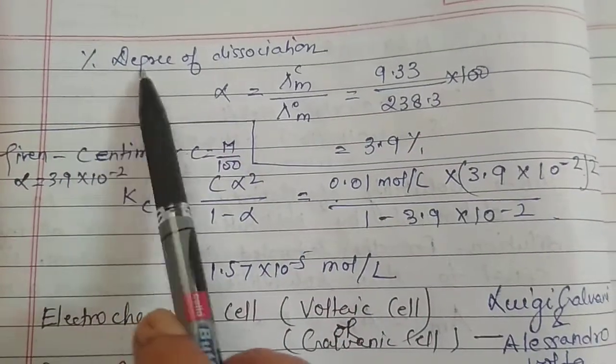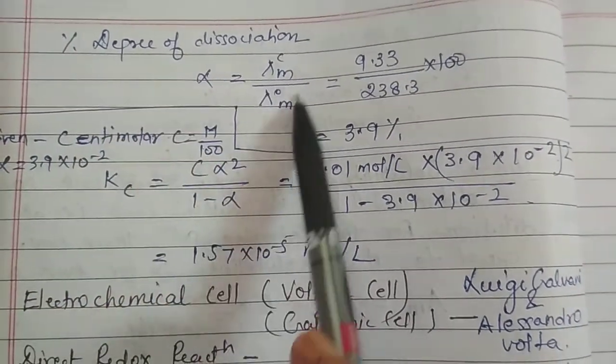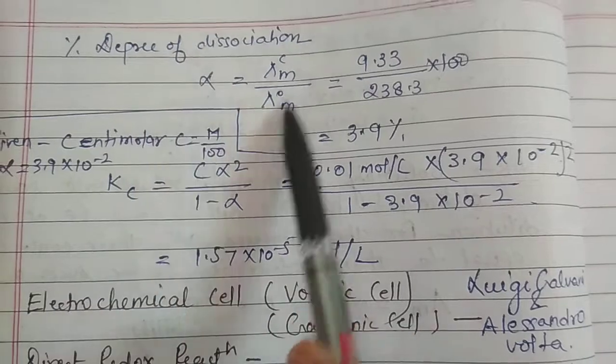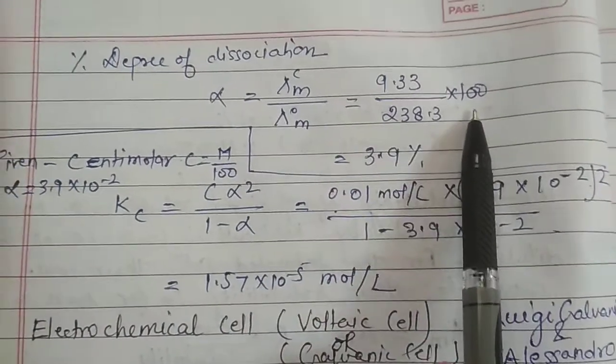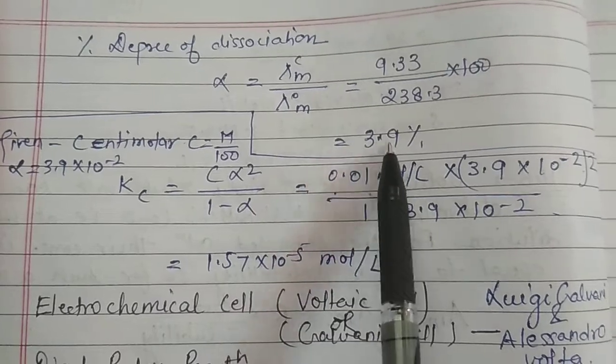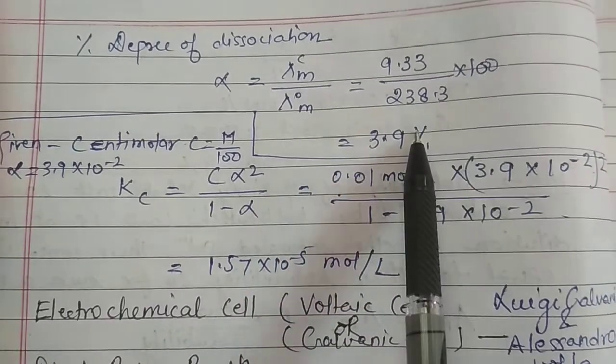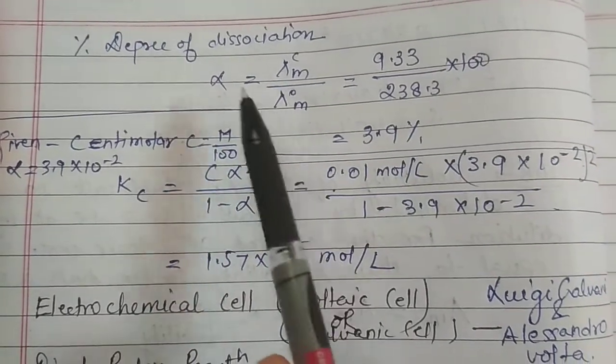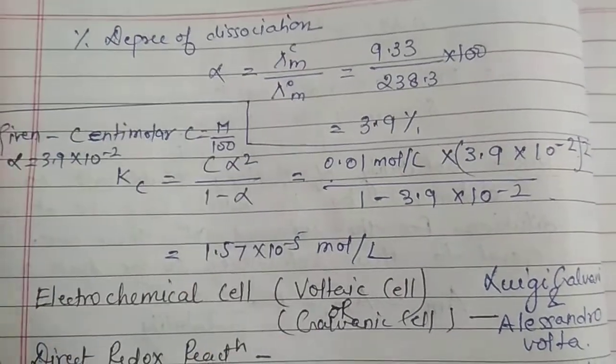You have to calculate the percentage degree of dissociation. The degree of dissociation can be calculated like this. Into 100 would be the percentage degree of dissociation. So we would be getting the answer as 3.9%, or we may say 3.9 into 10 raised to the power minus 2 would be the value of alpha.